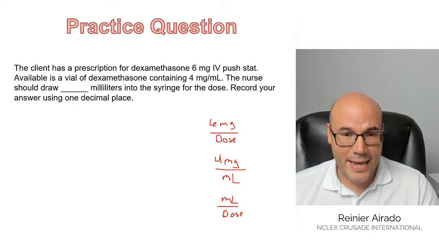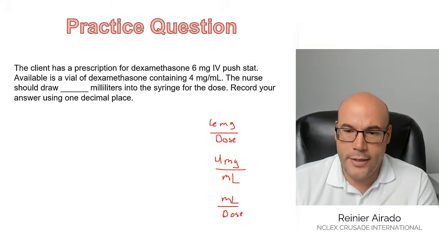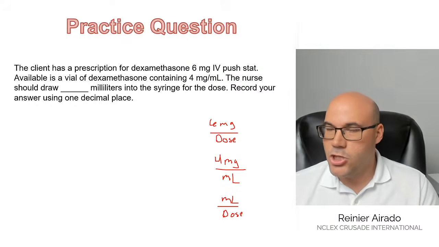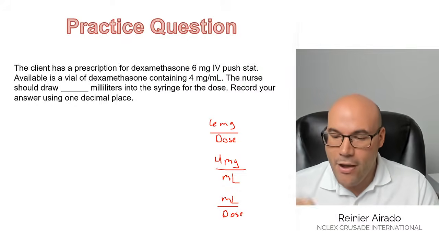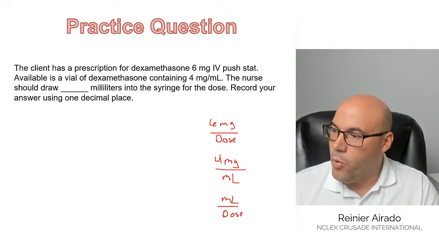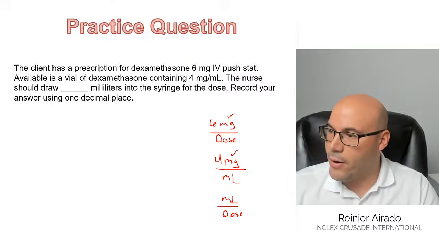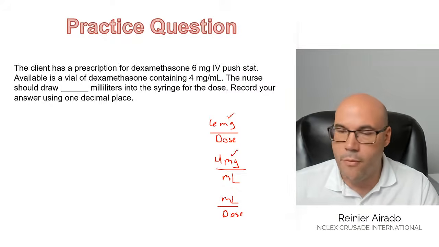Remember, what is a conversion factor? You're trying to convert one unit into another unit. So how do we determine if I need a conversion factor or not in this scenario? Well, let's look at the units. We have milligrams and we have milligrams, 6 milligrams, 4 milligrams.